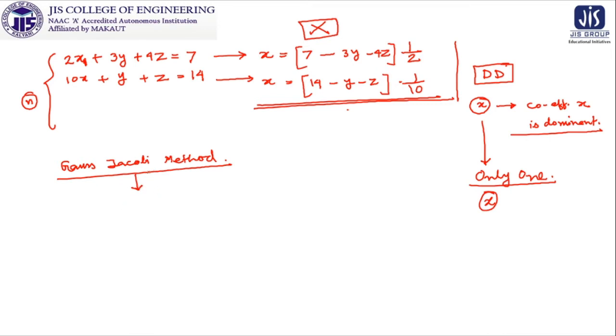Only one thing I want to mention about the Gauss-Jacobi method: in the n plus 1th step, we use the information from the nth step.